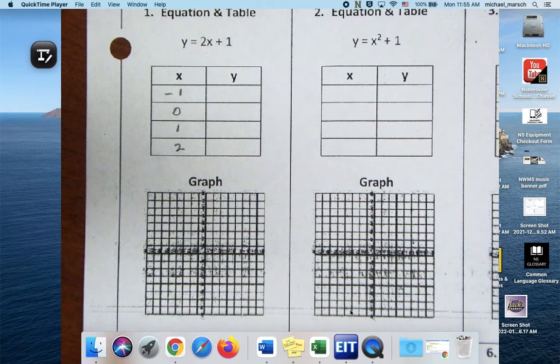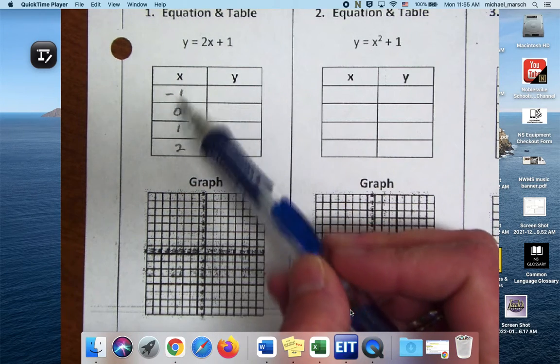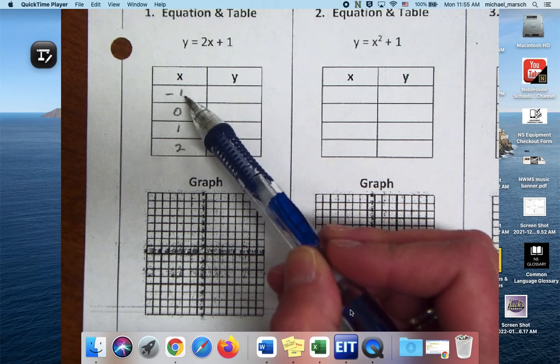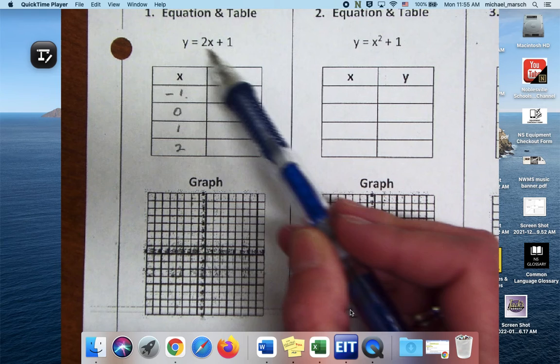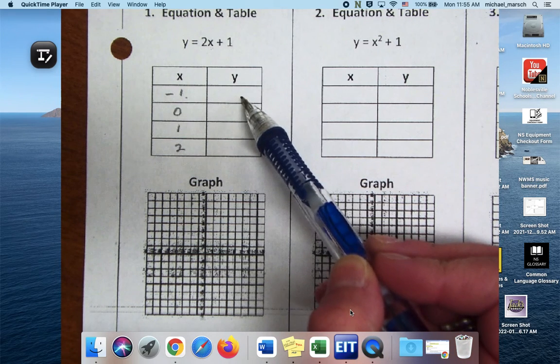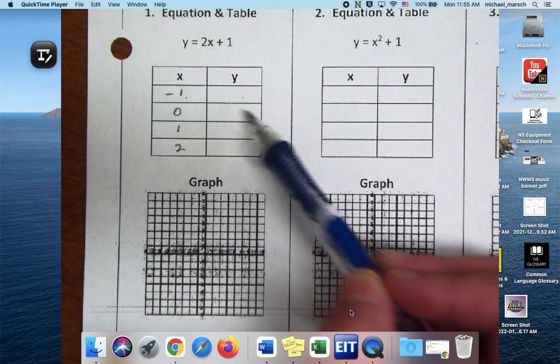All right. We have our input value and we have our output. So we're going to put this -1 where the x's are. We're going to find out what 2 times -1 plus 1 is, and remember that becomes our output. Like that, remember that machine, input-output machine?